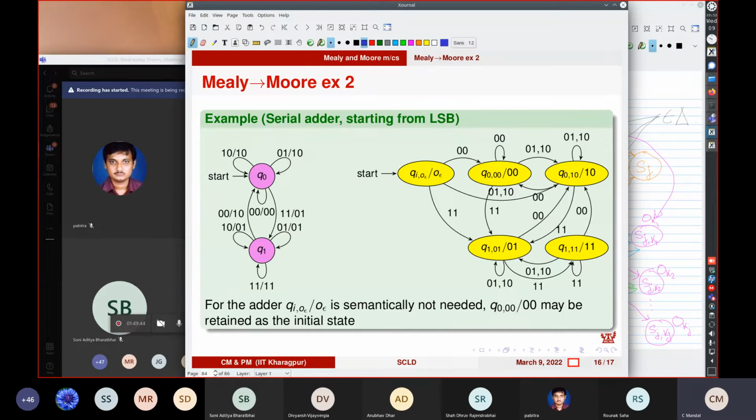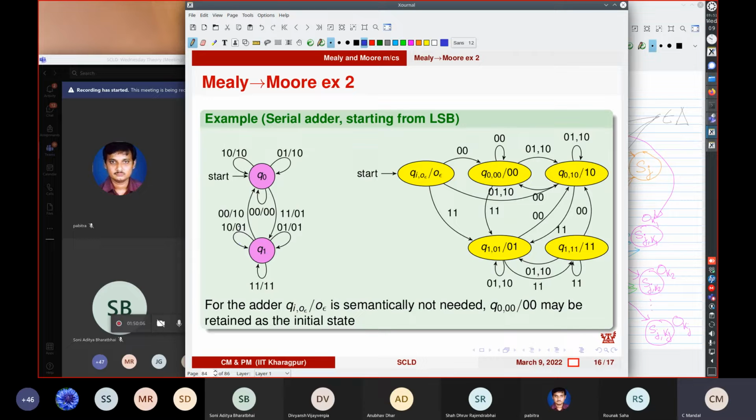So if you look at this machine, let us see, in state Q1, let us look at the incoming transitions to state Q1. So this one is an incoming transition.